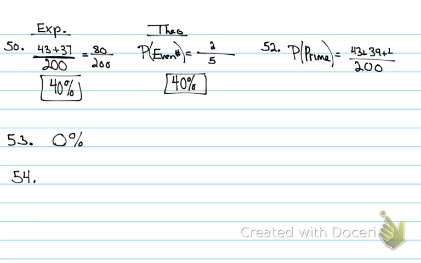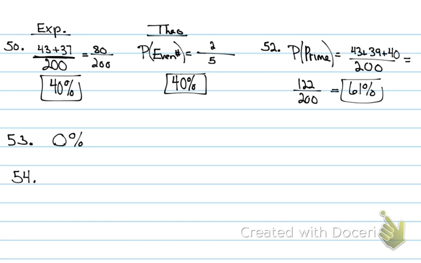43 plus 39 plus 40 gives me 122 out of 200, which is 61%. Okay, again, because I tried so many times, I would expect this to be close to my theoretical probability, but I'm not sure. I need to check.